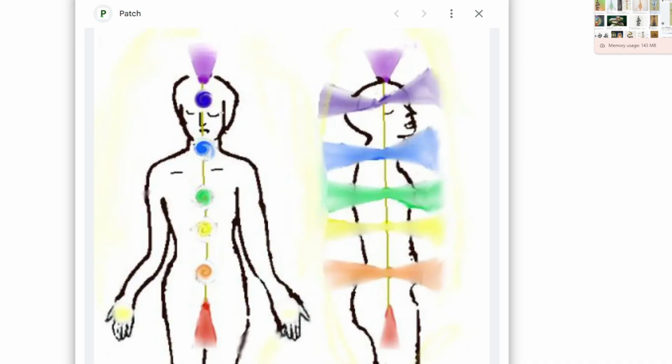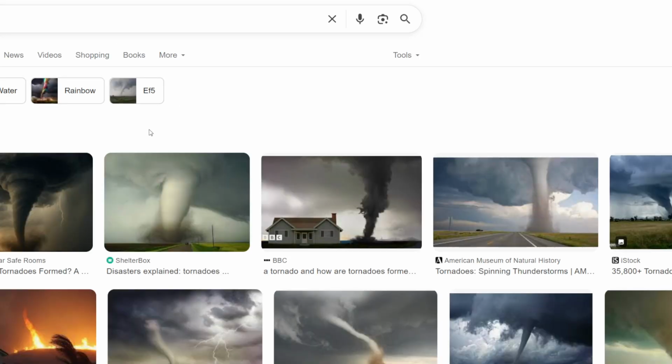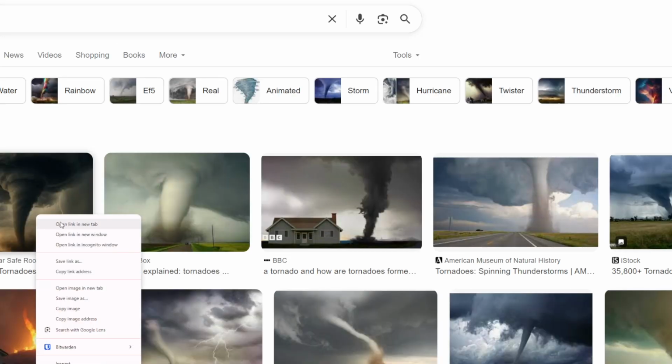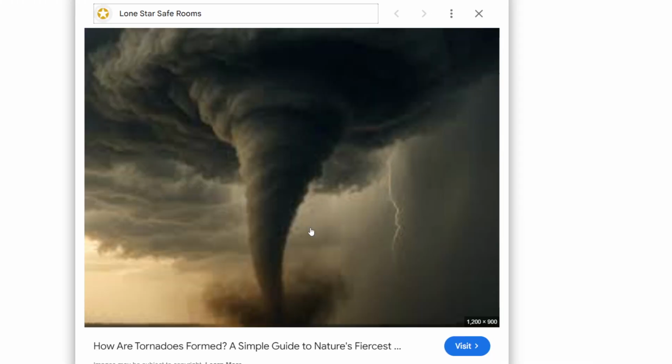What I thought in my mind is like a big tornado. So this is how a tornado is. Look at this tornado. This tornado is actually how all of the chakras are.